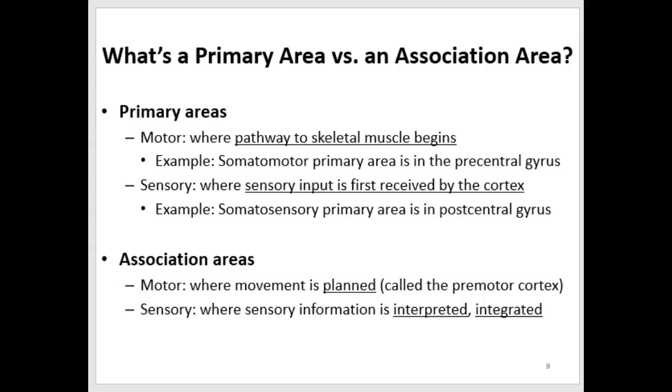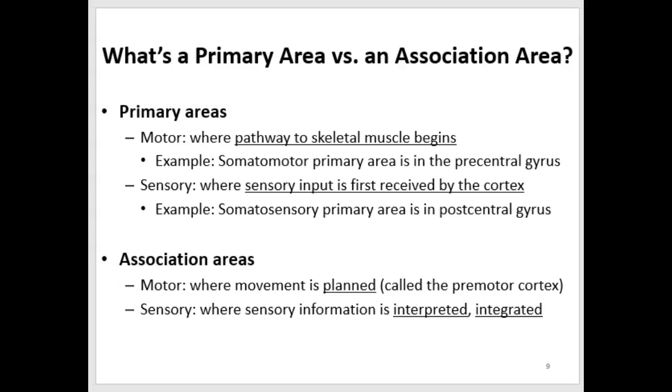In terms of motor, a primary area is the location where motor pathways to skeletal muscles begin. For example, we already looked at the somatomotor primary area in the precentral gyrus. So that's a primary area. Okay, that's where everything begins.